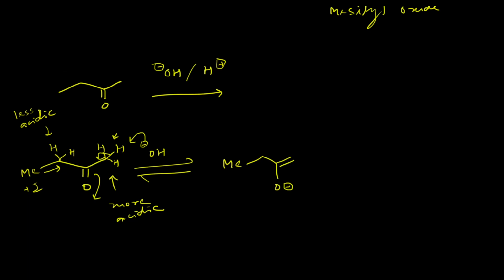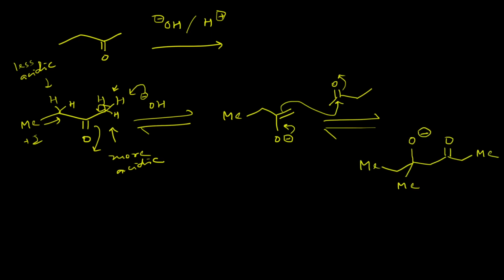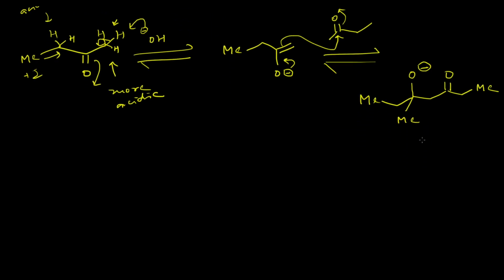Right? After the formation of this enolate, we all know that it will attack another molecule of 2-butanone, which will lead to the formation of this intermediate. After that, this will abstract a proton from the solvent molecule, which is water in this case. This O minus will be OH after the protonation.